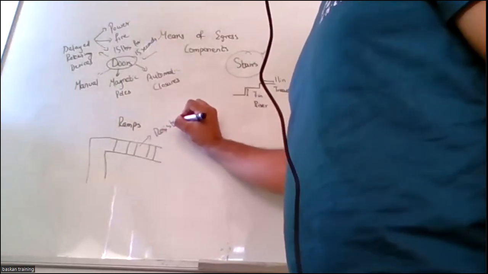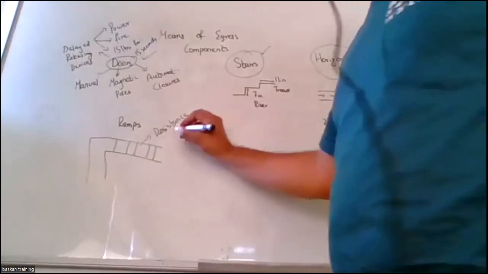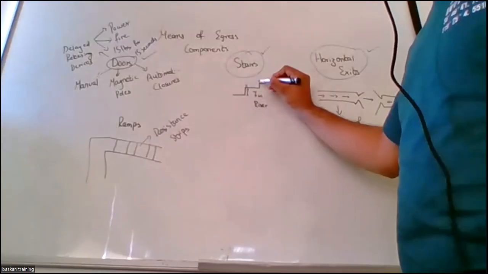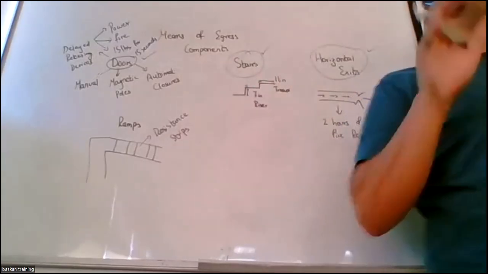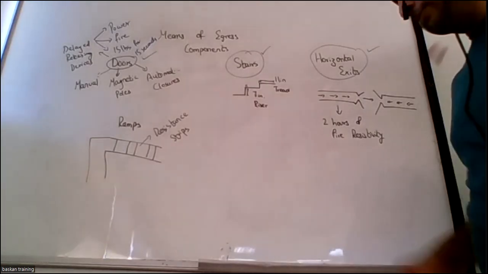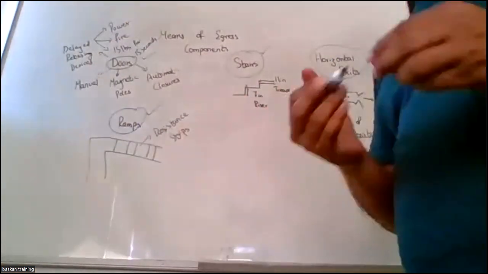Why? So that we can stop the wheelchair anywhere in between and the person does not slip away. Usually on stairways also, at the ends, you will see strips that provide grip. So ramps are also considered as means of egress.